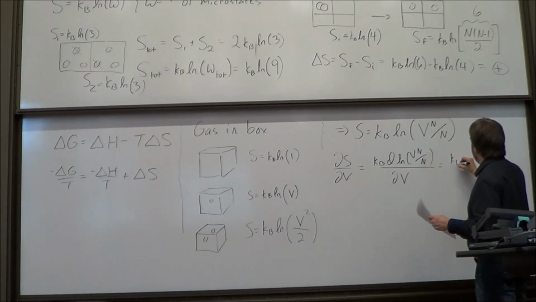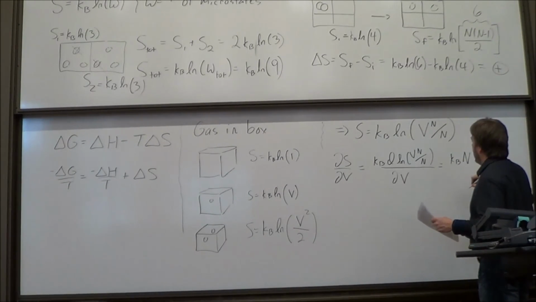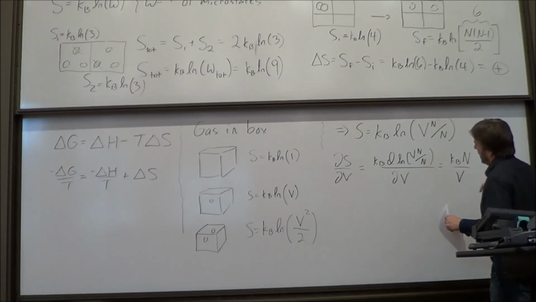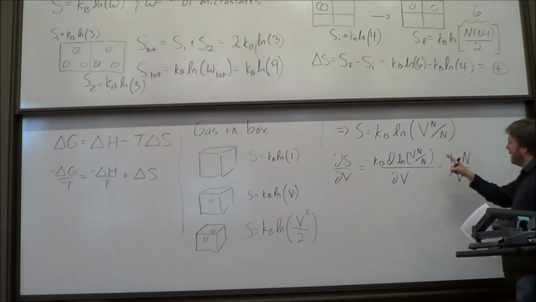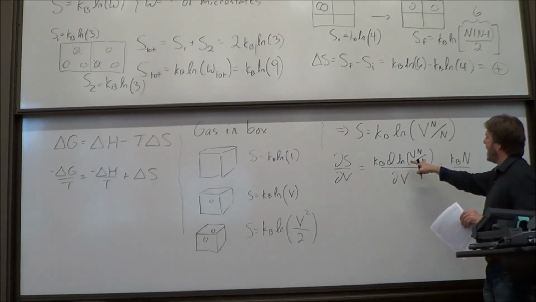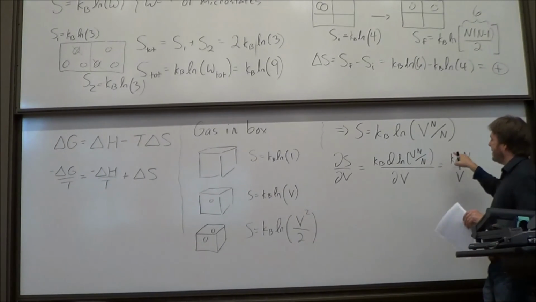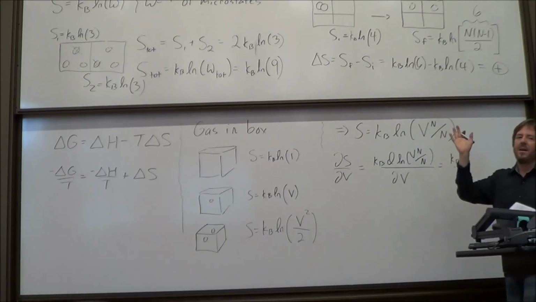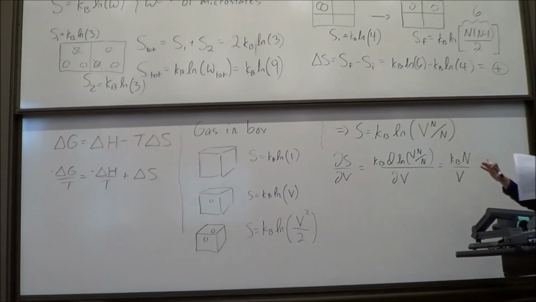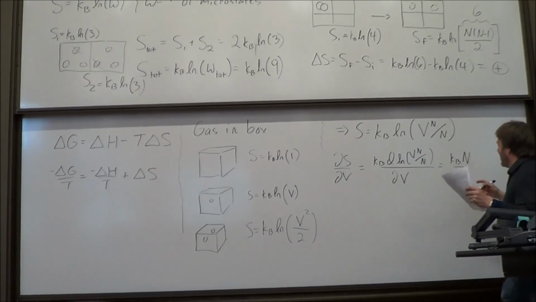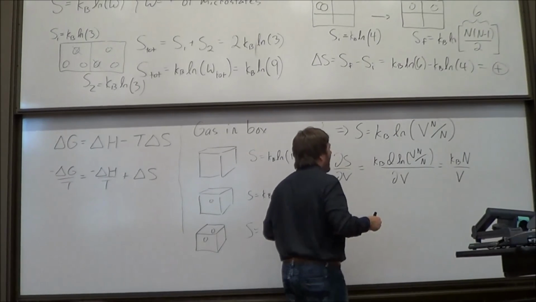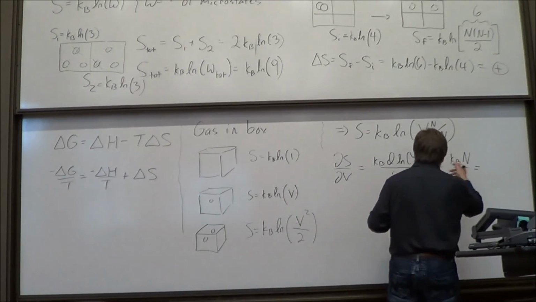So I got kB n, and then I would just divide that by V. Yeah, right, right. Because this is actually ln V^n minus ln n, 1 over n. No, it's minus ln n, and that term goes away. Anyway, just do this on the website. I don't want to bog down with this. And this is correct.